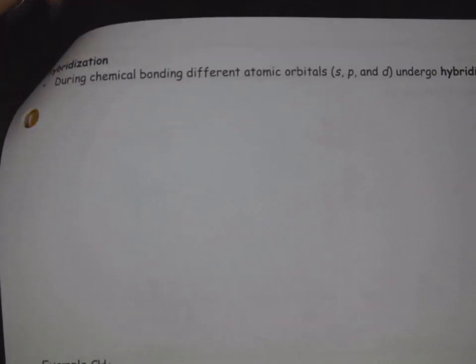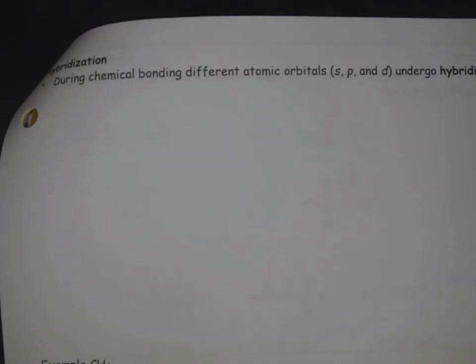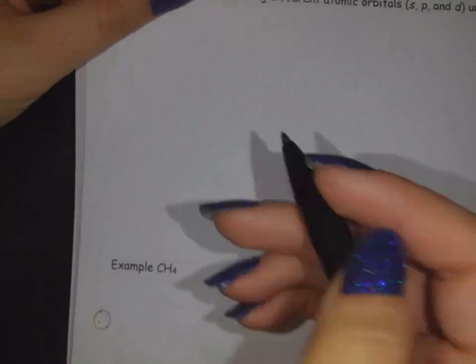And it says, during chemical bonding, different atomic orbitals, S, P, D, undergo hybridization. And I have a really good example for us. So let's draw first the Lewis dot structure for CH4. Okay.